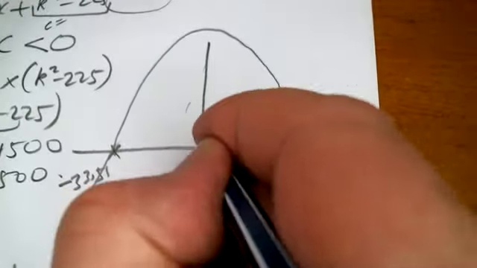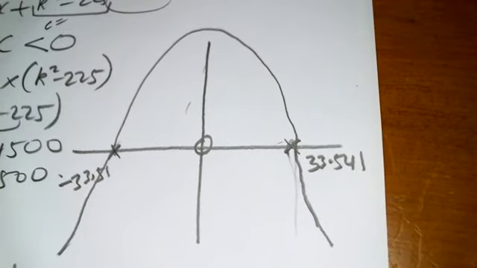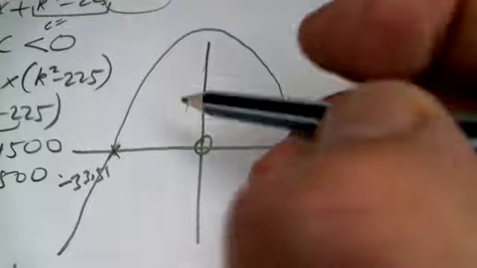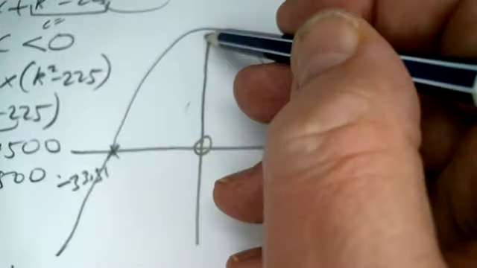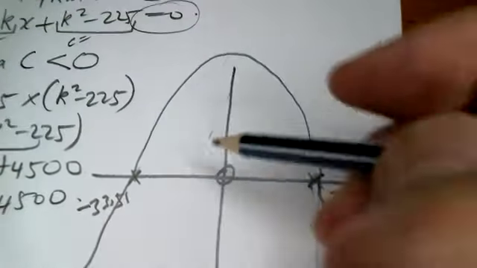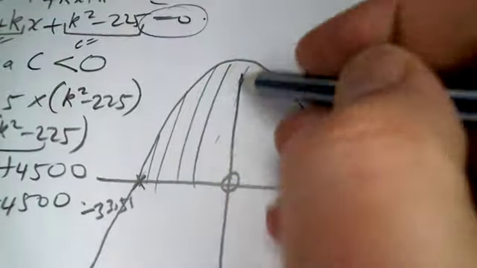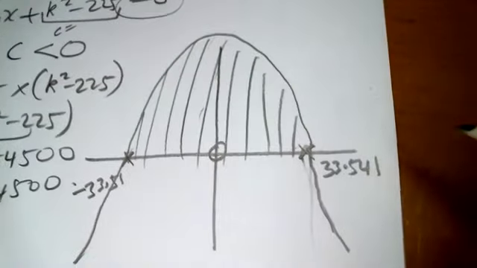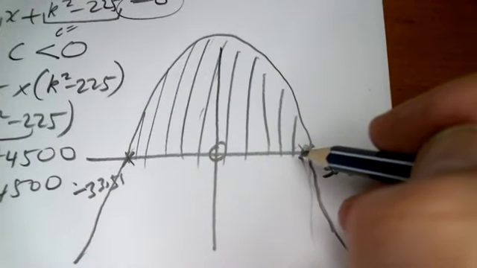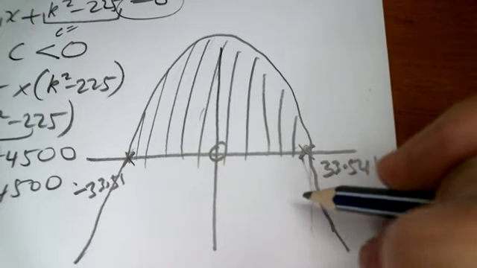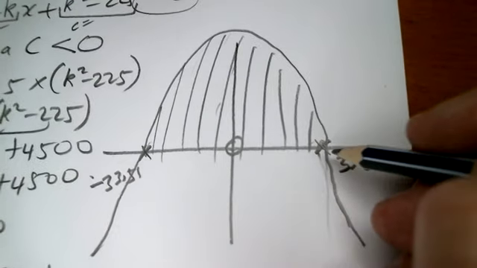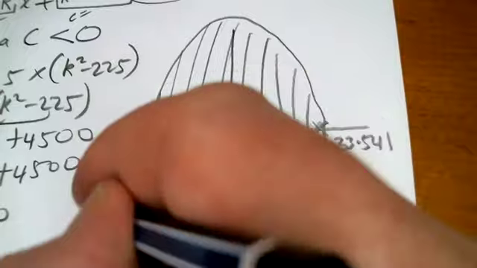All right, so let's have a look. This being the case, what we see is that we have a positive portion going up, yeah? So this bit here is all positive. Positive is above the x-axis. Negative is below. So in this case, the negative values are all down here.